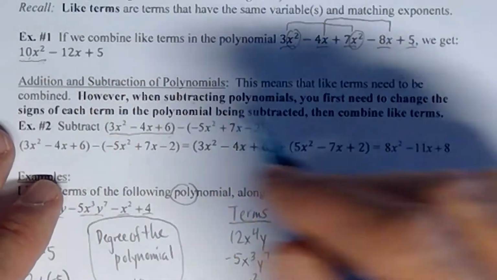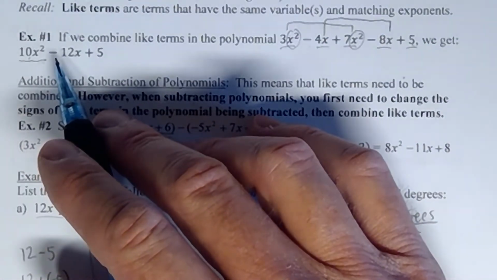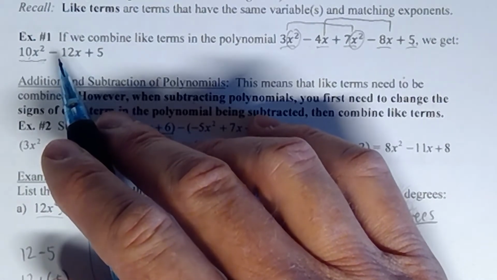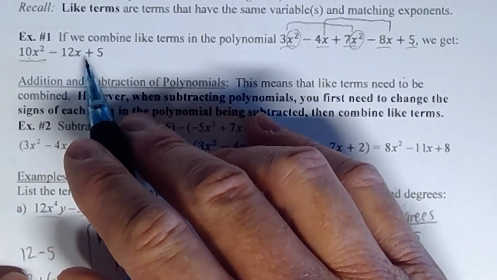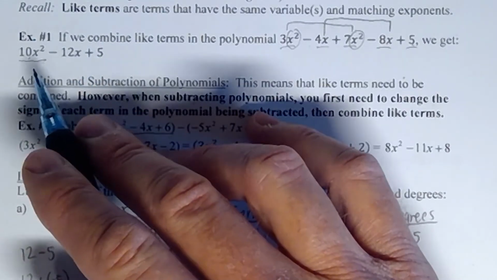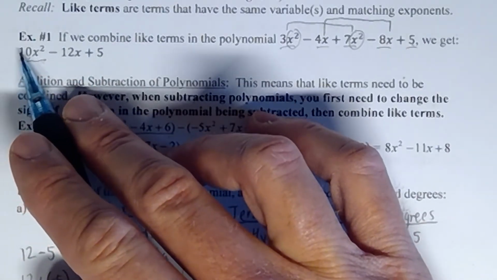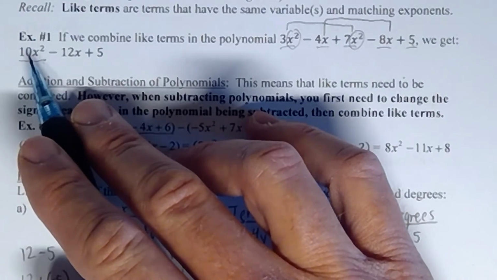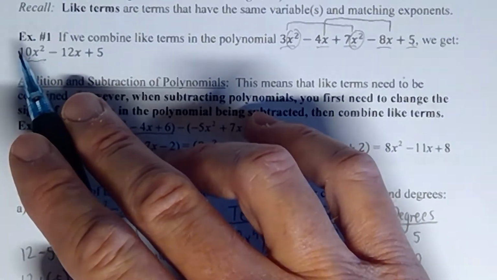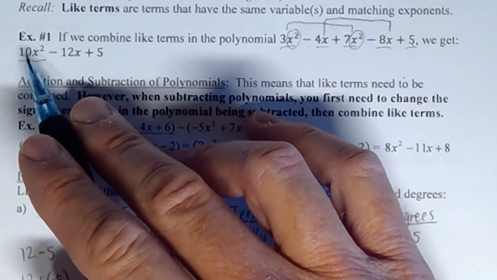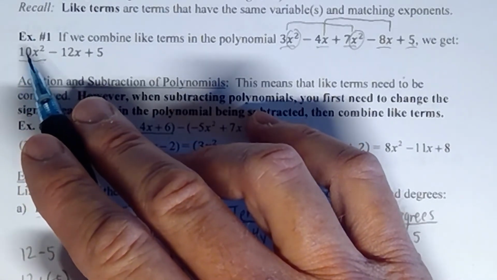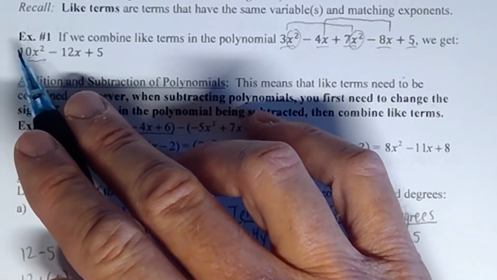All right, so the question is how do you know whether to put a plus or a minus in between each thing? Okay, here I put a minus, here I put a plus. Now, if this had been negative, I would have put a negative in front of that. But when the first term is positive, you don't need to put a plus in front of it. Okay. So if the first term is positive, no plus needed in front. But if it was negative, we would have put a negative there.